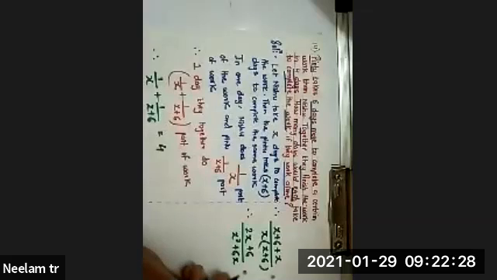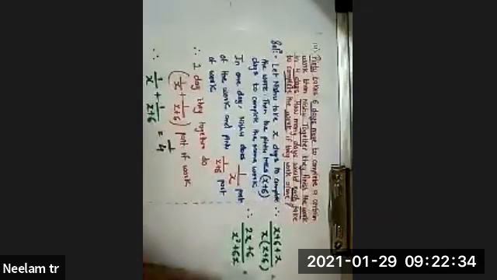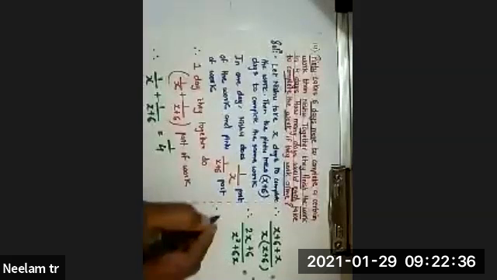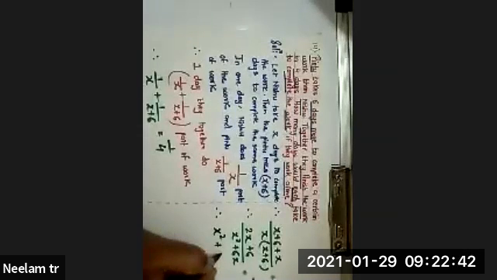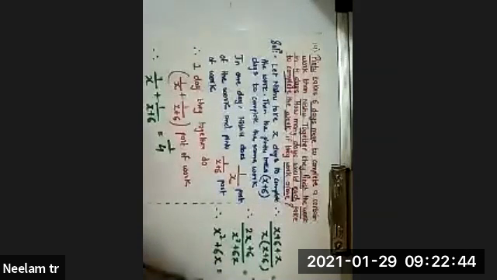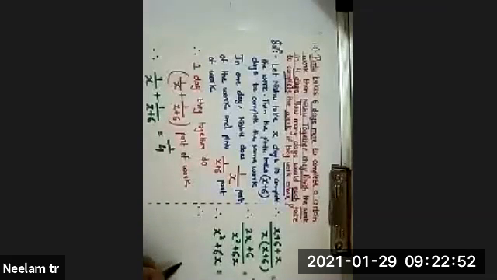Now x square plus 6x, oh yes, 1 by 4. Sure. Then x square plus 6x is equal to 4. This will also cross multiply 2x plus 6, because one work is completed in 4 days.